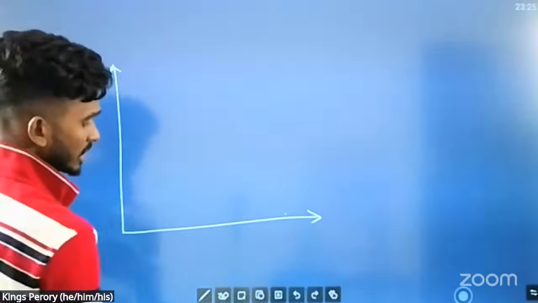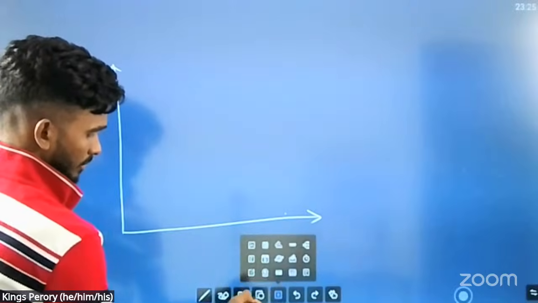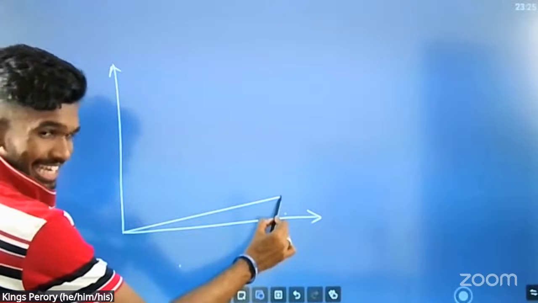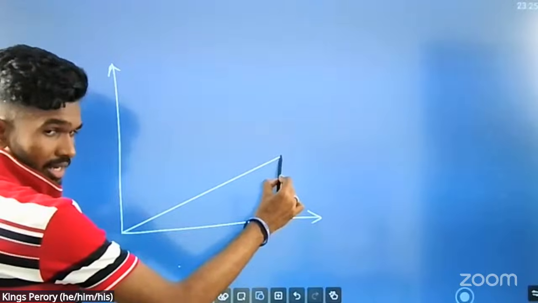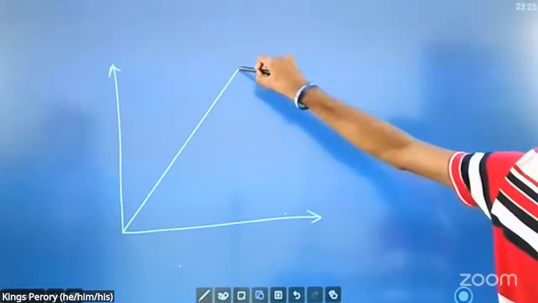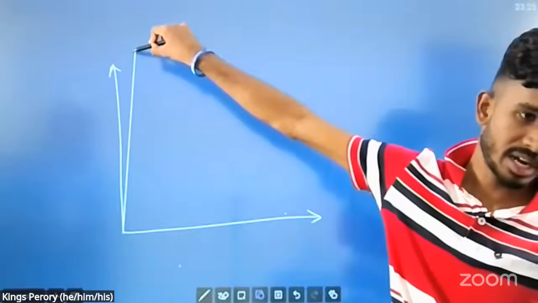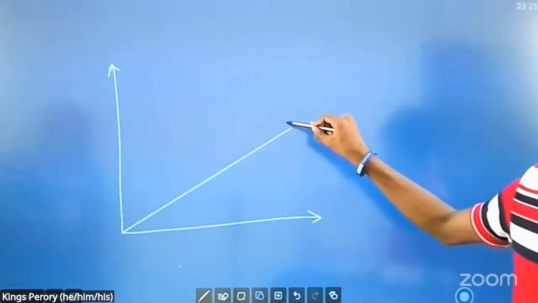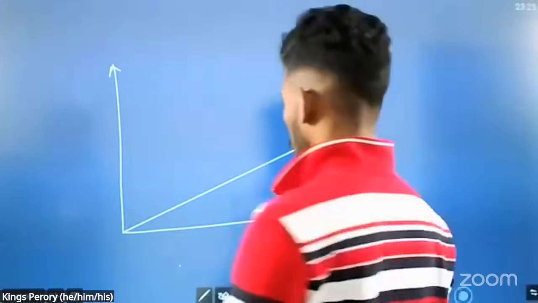If I draw a graph like this, slope is very less, gradient is less. Slope more, gradient high. Slope further high, gradient is more high. Gradient maximum. So remember, the slope of the graph is gradient.